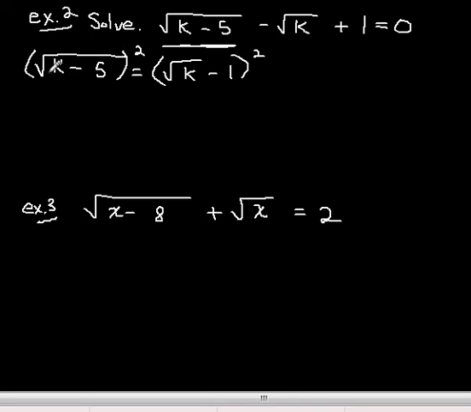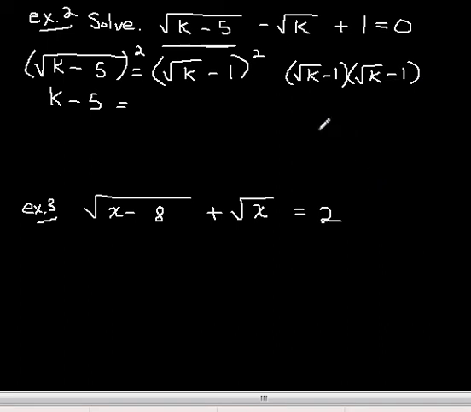So when we square a square root, we get what's underneath it. But over here, we can't just square these individually. This is a binomial, and the binomial needs to be taken times itself. So it's really square root of k minus 1 times the square root of k minus 1.